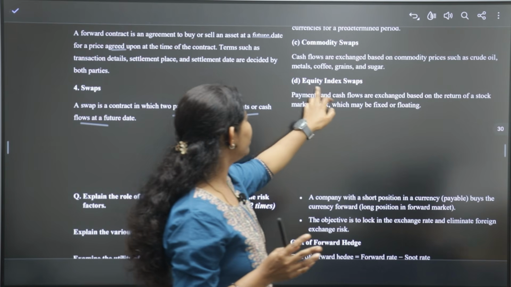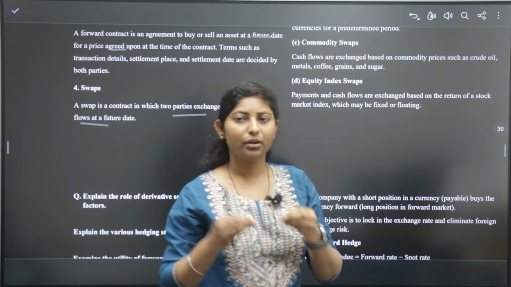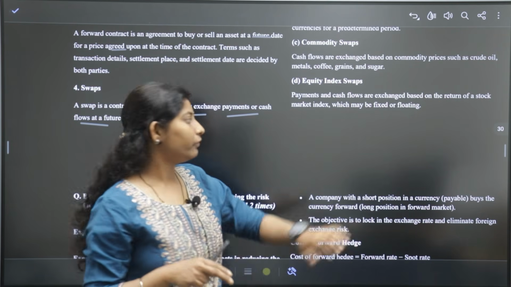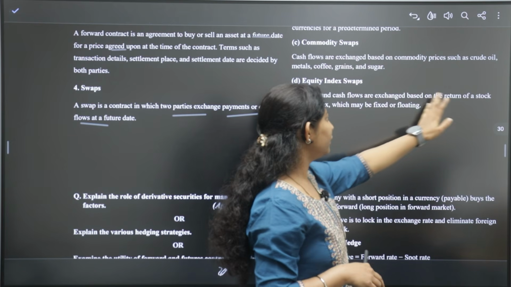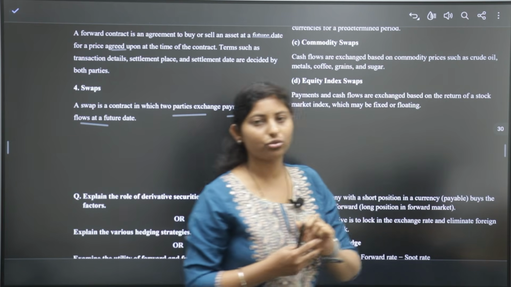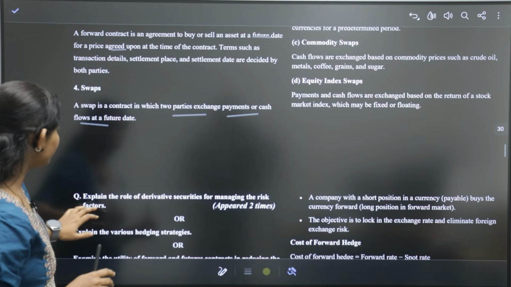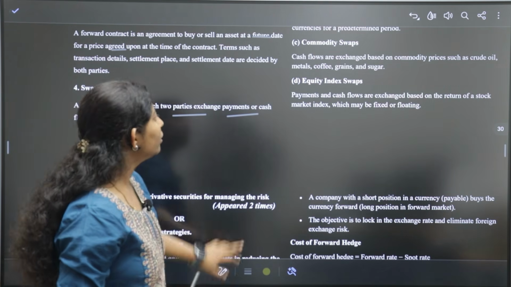And next we have the equity index swap. The payments and cash flows are exchanged based on stocks and market index, which may be fixed or floating. So here we covered all the call and put options.